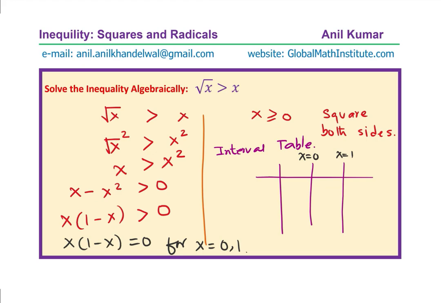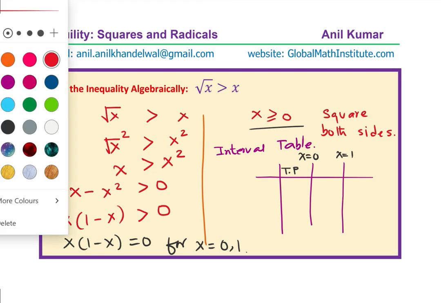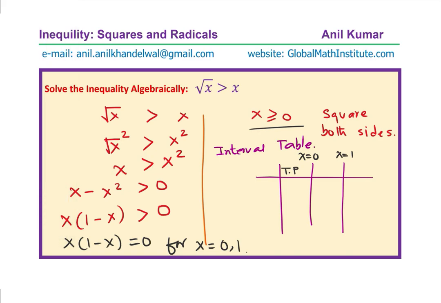Basically, we have to look into the values which are greater than or equal to 0. So we'll take test points. A test point between 0 and 1 can be 0.5, and greater than 1 will be, let's say, 2.